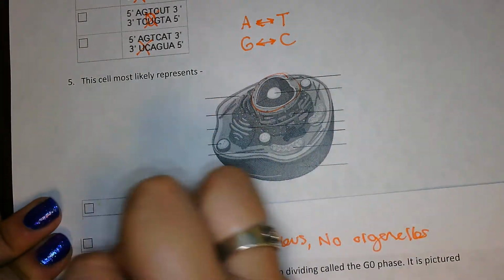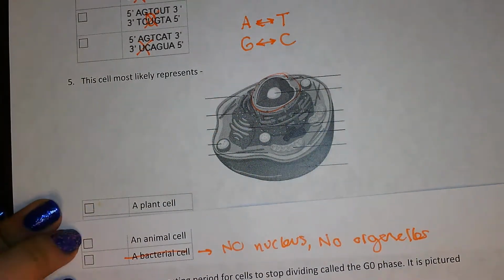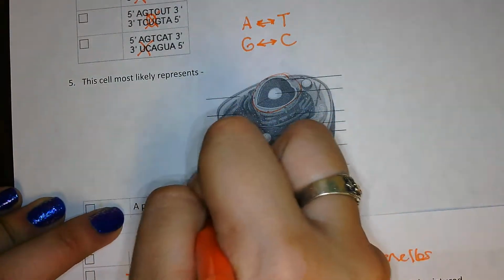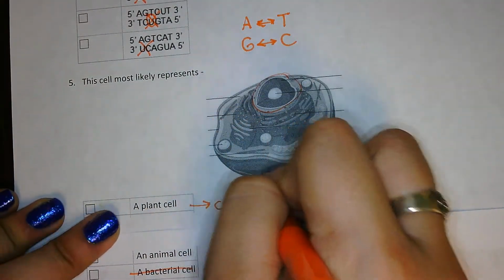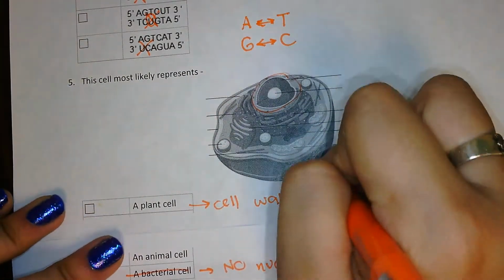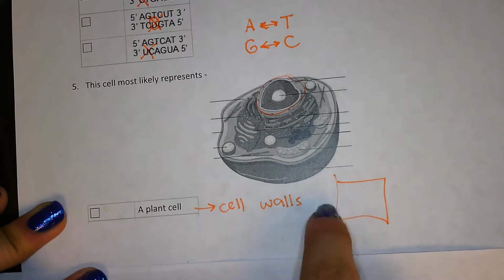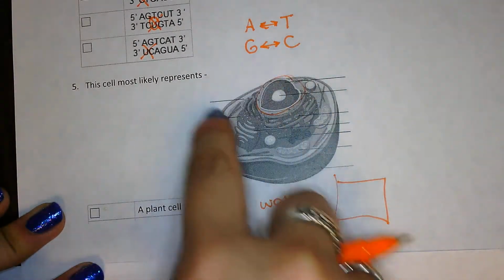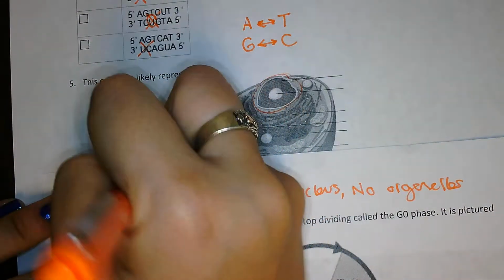Therefore, it cannot be a bacterial cell. So I'm between a plant cell and an animal cell. I know that plant cells have cell walls for structure. So a plant cell is going to look very squared off, very structured because of the cell wall. And this one's kind of like looping around, kind of wavy. So this is probably an animal cell.